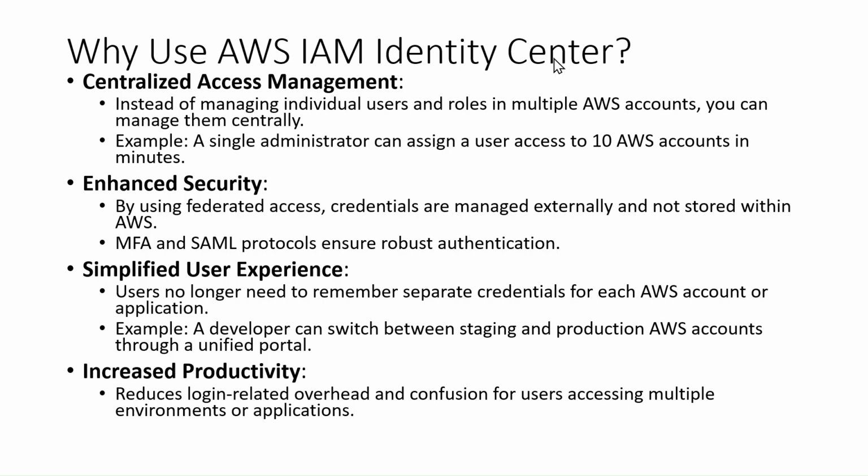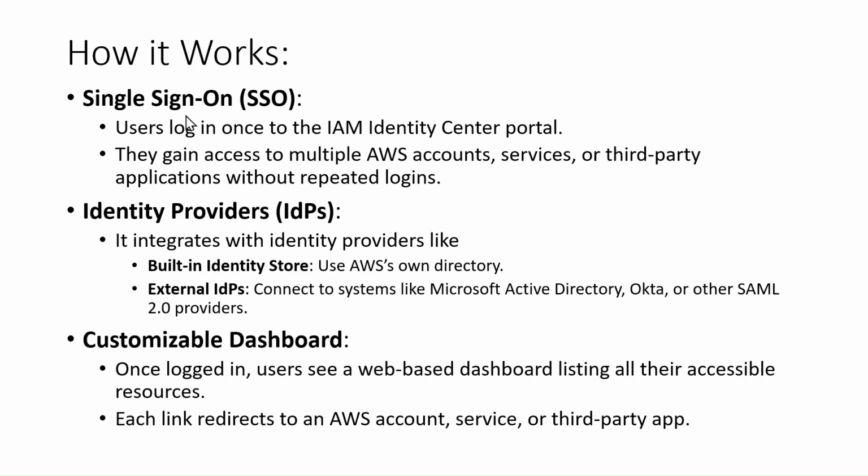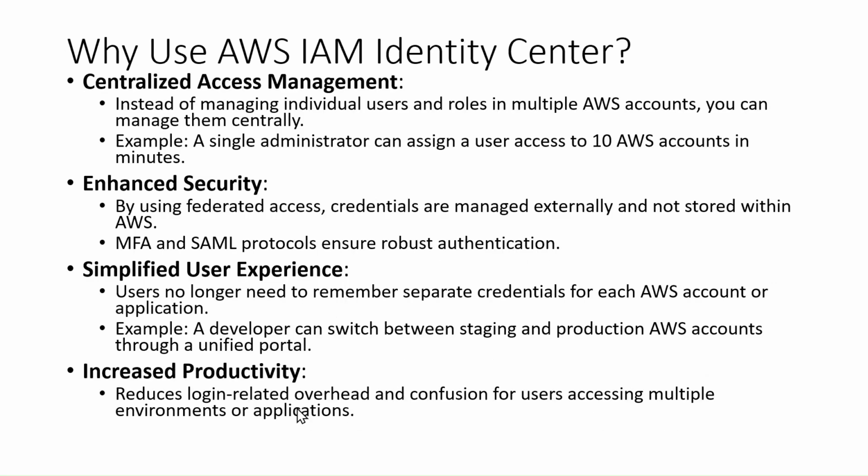You only need to get access to the Identity Center via single sign-on. In that case, you need not remember your AWS account password, GitHub password, Docker password, GCP password, every username and password.